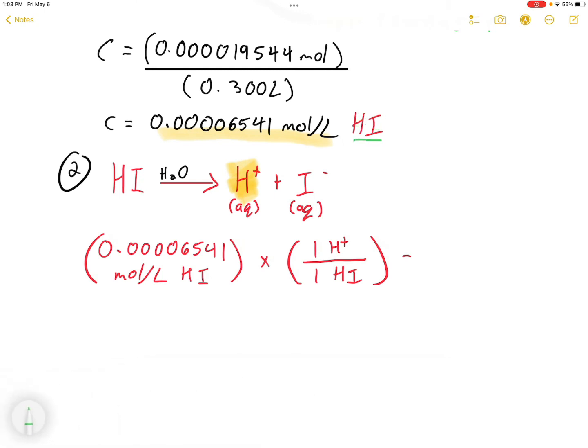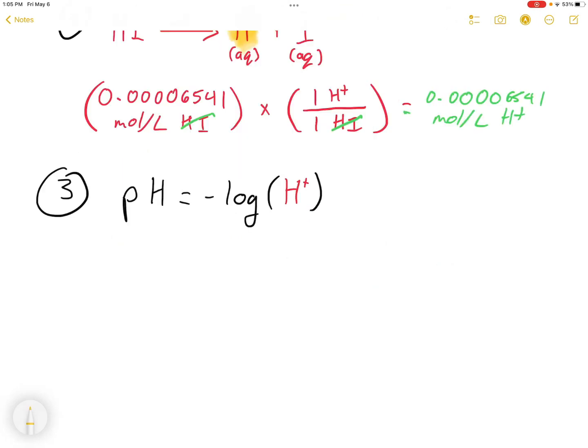And so now using stoichiometry, we can see that it's a 1-to-1 mole ratio between H+ and HI. So these would cancel out, and to simplify, us having a concentration of 0.0000654 moles per liter, of course H+ concentration, which then allows us to move on to step 3.